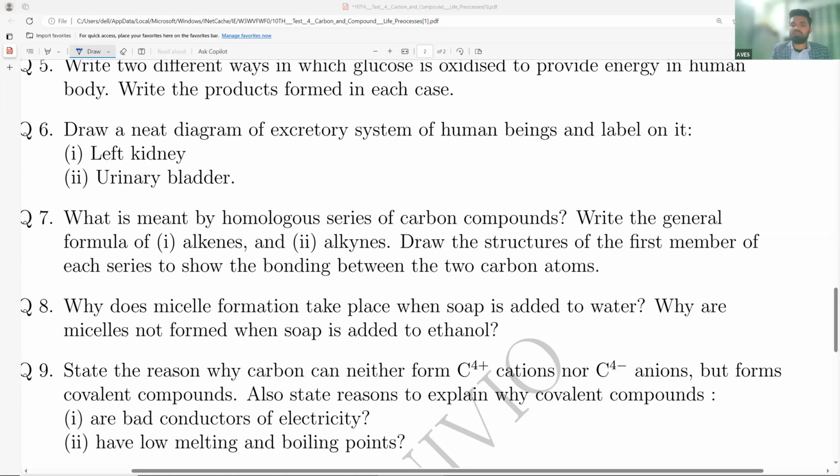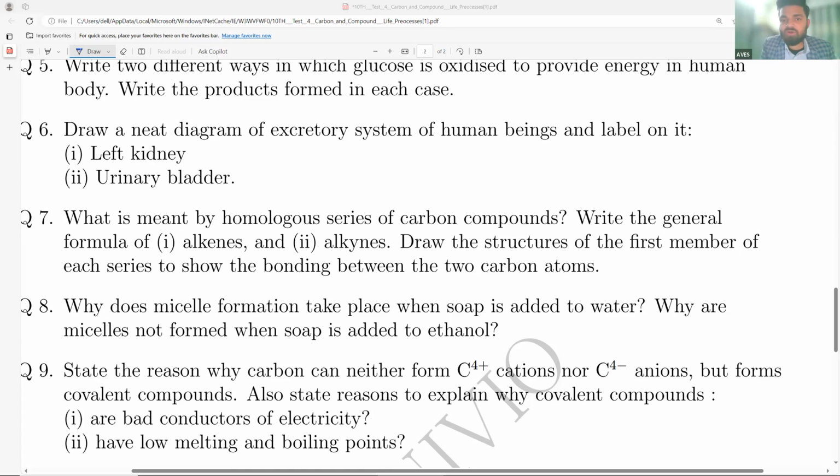You can count 1, 2, 3, 4, 5, 6, 7, 8 hydrogens, 4 carbons and 1 oxygen. And here it is C3H6O, and you can check that they differ by a CH2 group.